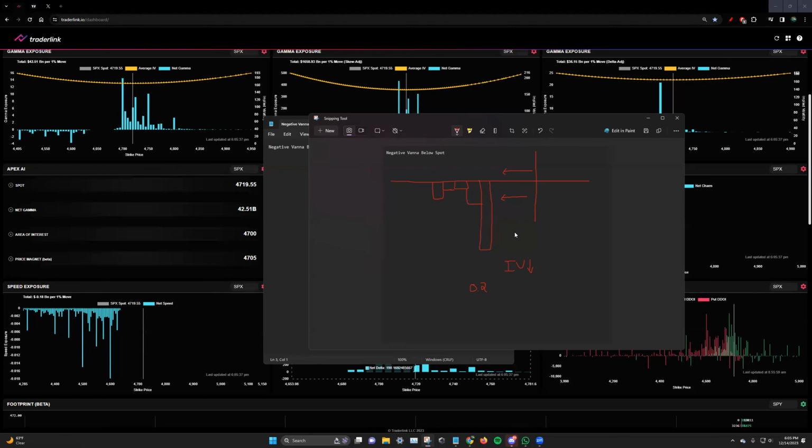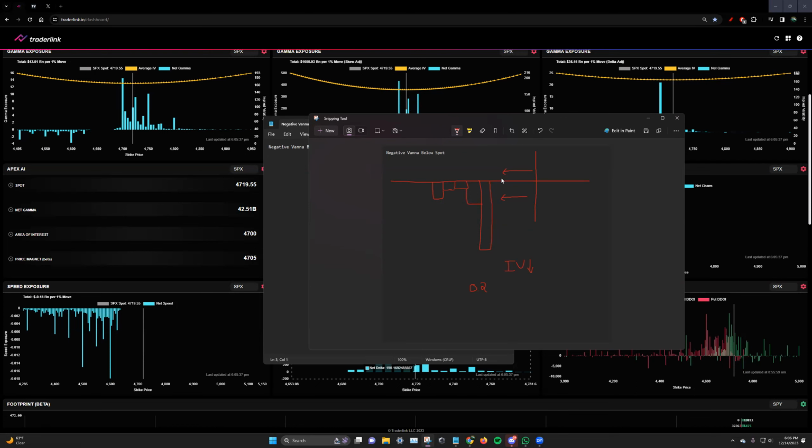The next important thing to understand about IV decreasing and negative Vanna exposure below spot price is that when negative Vanna gets passed over, it creates an accelerant effect, meaning dealers will have to continuously sell.